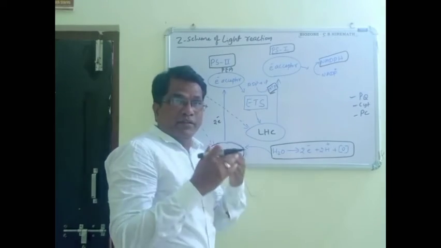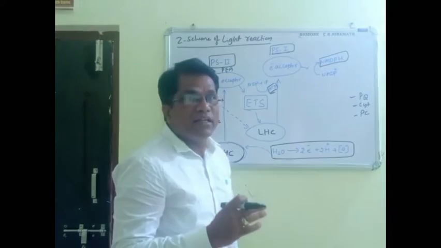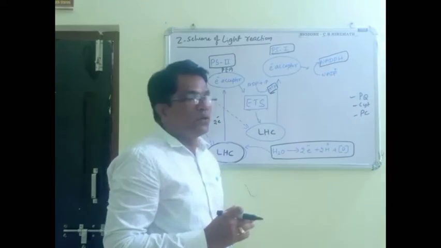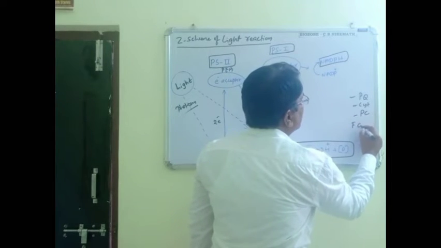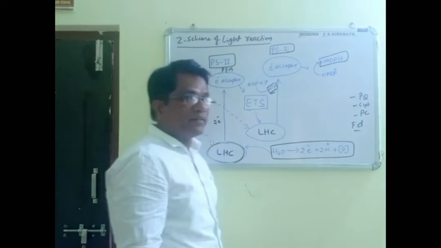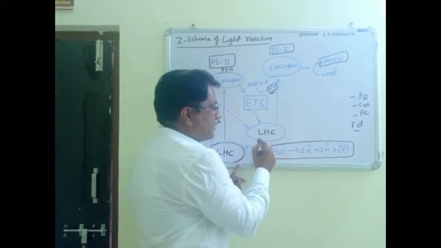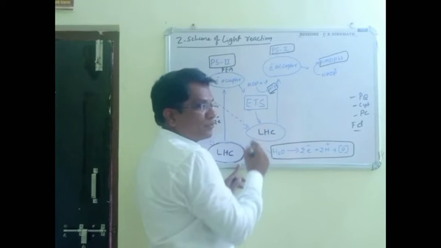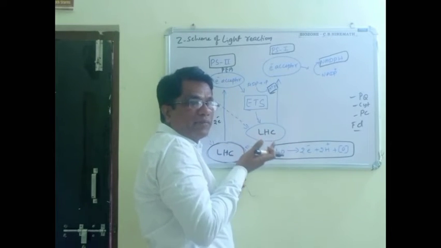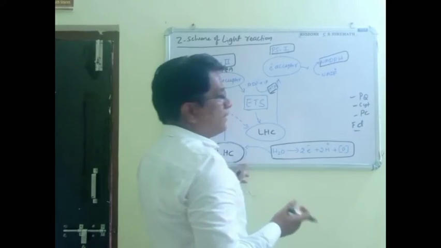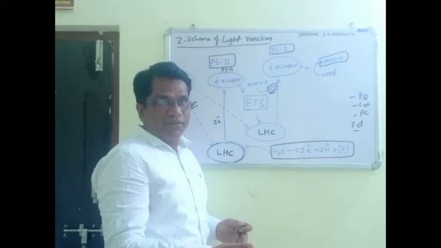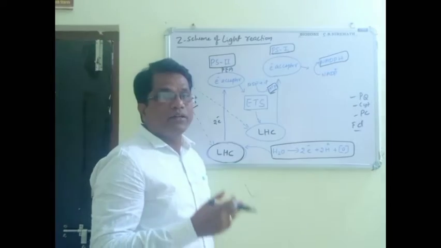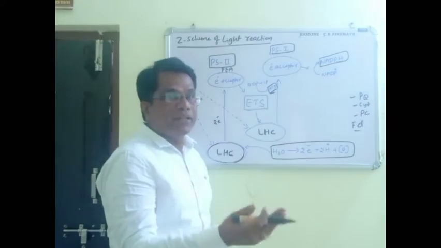Here ferredoxin is the electron acceptor. The electrons released from the PS1 complex are accepted by ferredoxin, and these electrons are then utilized in the reduction of NADP to NADPH2.